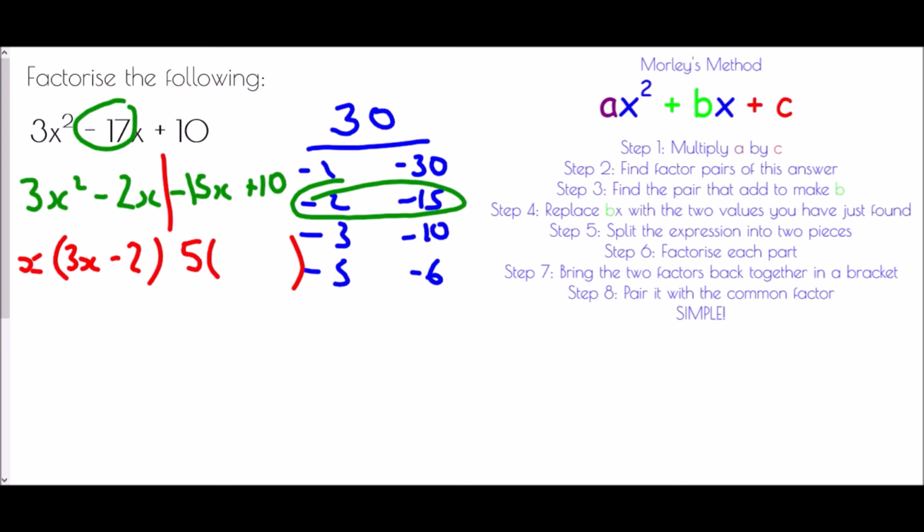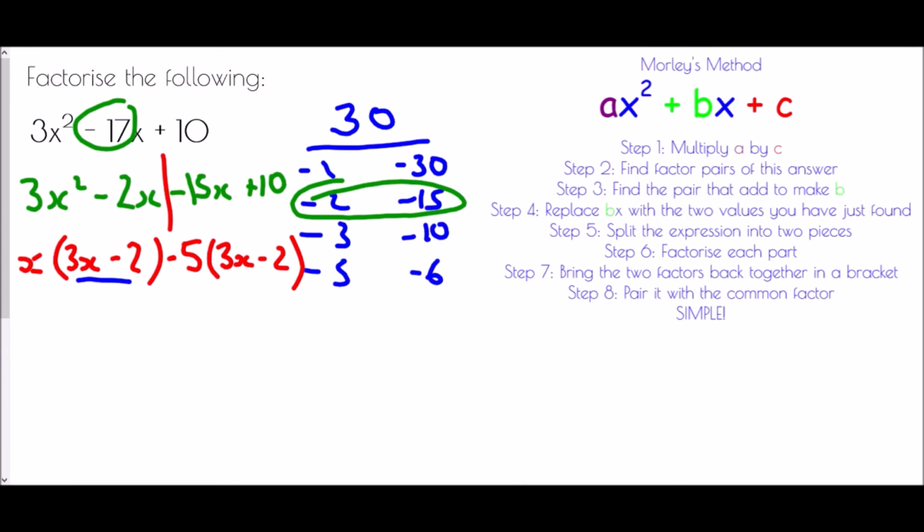We know we need to have a negative 2 inside of the bracket. Now, what do I multiply negative 2 by to make positive 10? Well, it's actually negative 5. And so at the front, this is going to be a negative 5 as our factor. And that means negative 5 times 3x, well that is negative 15x, which is what we were looking for.